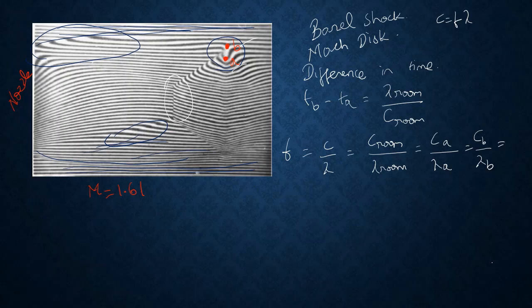Similarly, in vacuum also the frequency is the same: C vacuum by lambda vacuum. It is very simple, but we should understand this concept very well.